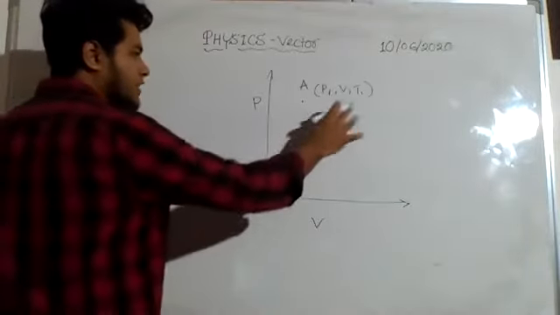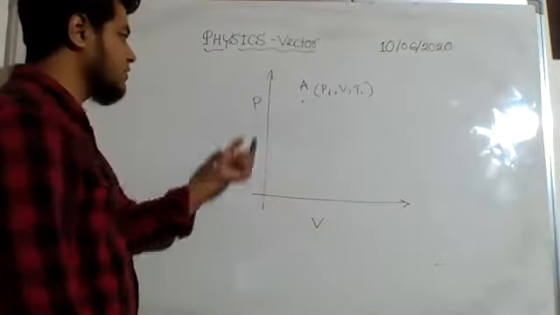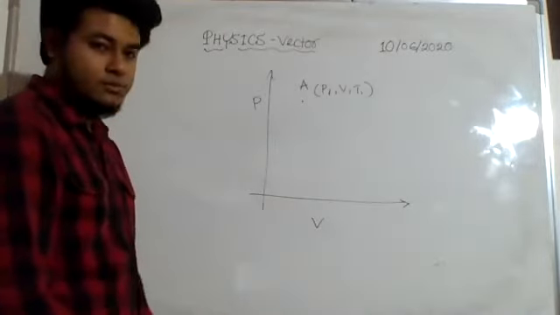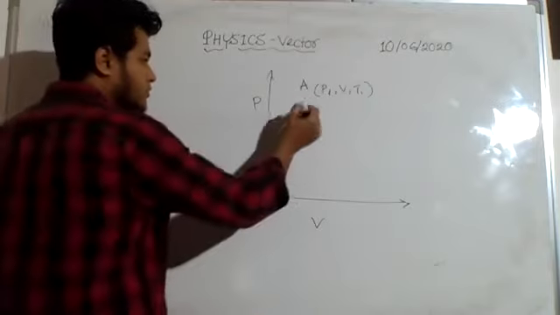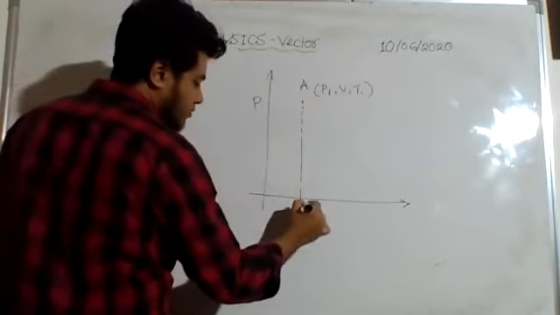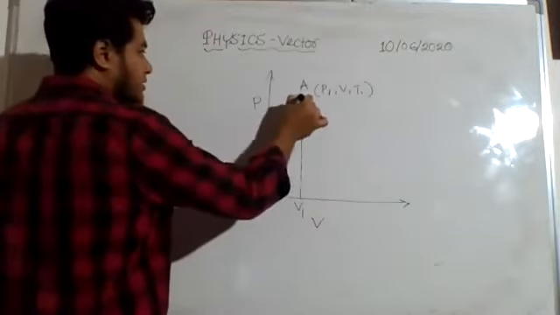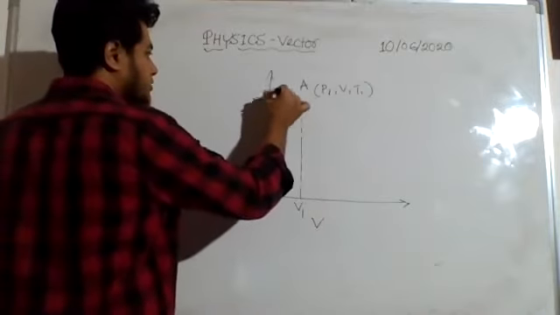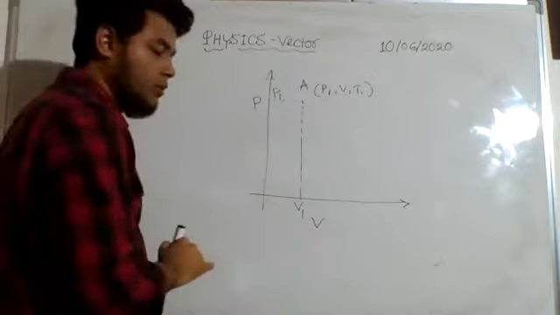Now T1 I cannot show in this graph because this is a pressure versus volume diagram. I can show the volume at this point, it is going to be V1, and the pressure at this point, it is going to be P1.